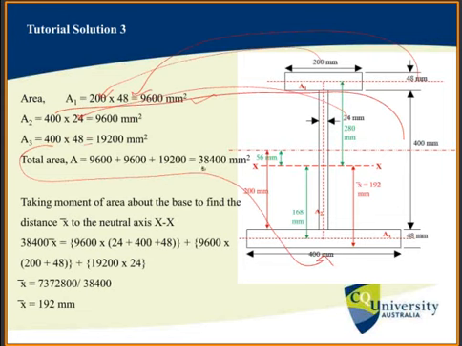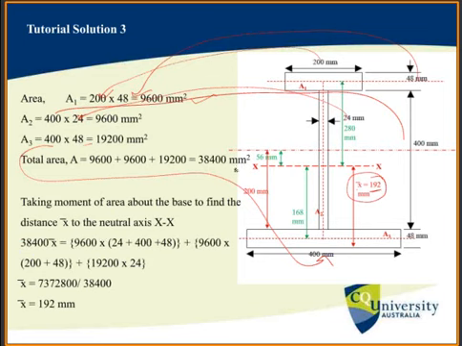So total area equals 38400 millimeters square. Now take the moment of area about the base to find the distance of the neutral axis. We just assume this distance from the neutral axis to the base is x bar. We have to calculate this value. So taking moments.